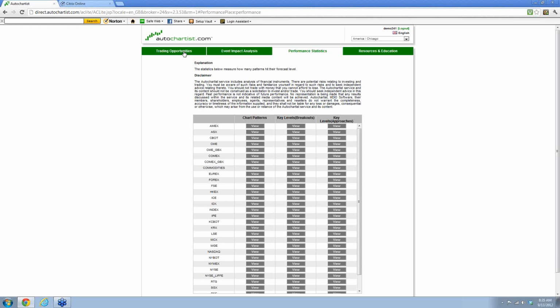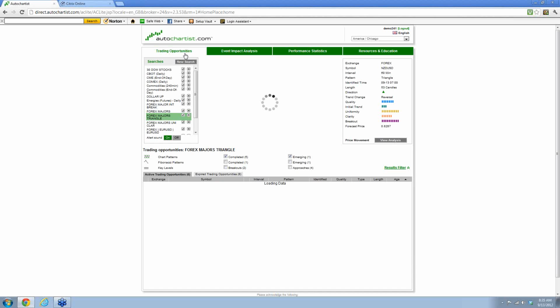If I see that when I'm running a stock list I end up with a lot of emerging patterns, that tells me the markets are trading inside of ranges. If I see a lot of breakouts one day, that tells me the trend is changing, that we're making new ground.